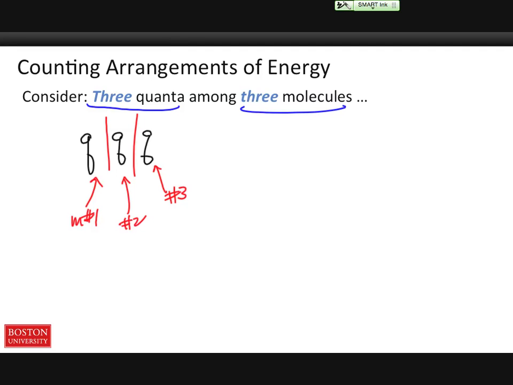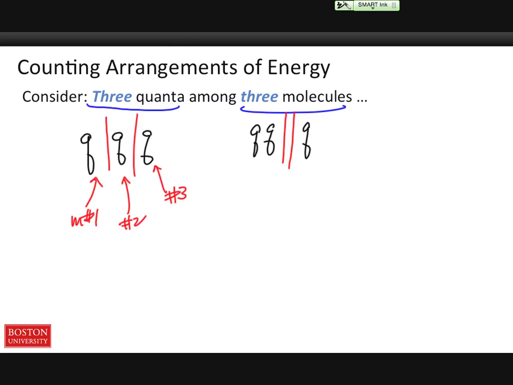What's another arrangement? Well, another possible arrangement is 2 quanta on molecule 1, none on molecule 2, and 1 quantum on particle 3. That's another perfectly valid arrangement for these quanta. Why don't you pause for a second and come up with all the possible arrangements of these quanta on molecules. By now, hopefully you found that there are a lot, but they're not the same as counting a lattice.